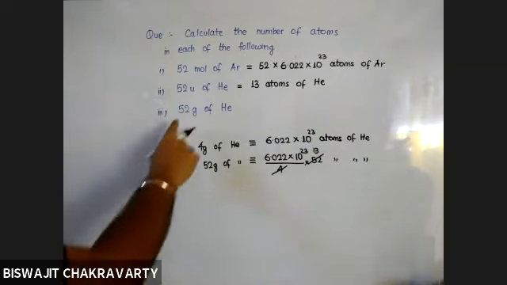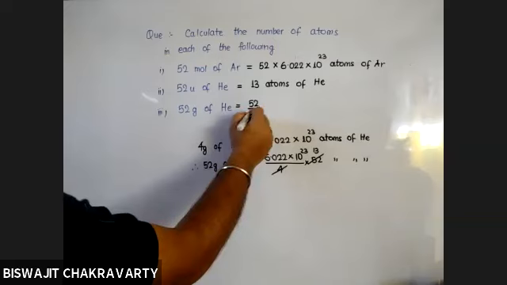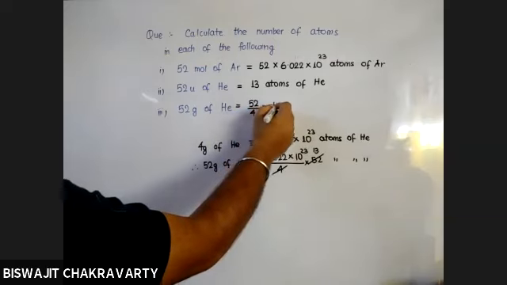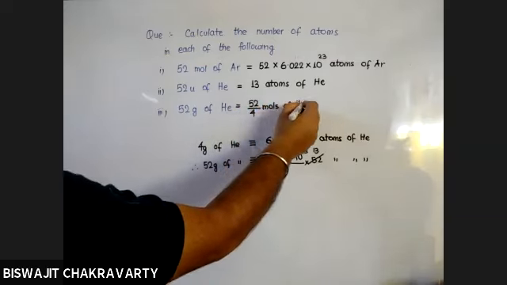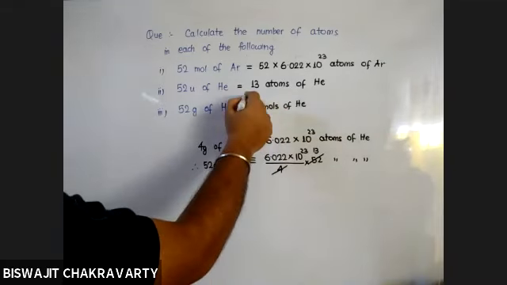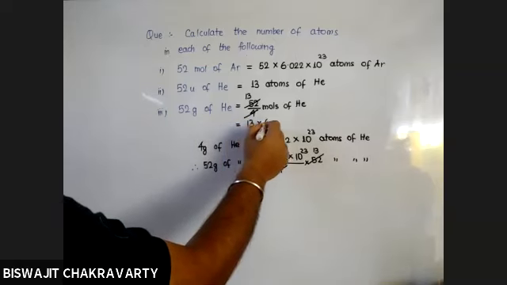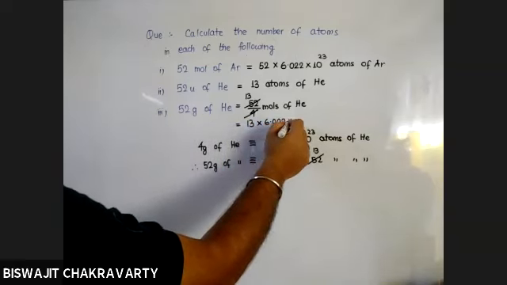Or you can do another thing. Convert 52 grams into moles, which will be 52 by 4, since the molar mass of helium is 4. That is 13 moles. To convert 13 moles into atoms, can I multiply it with Avogadro's number?